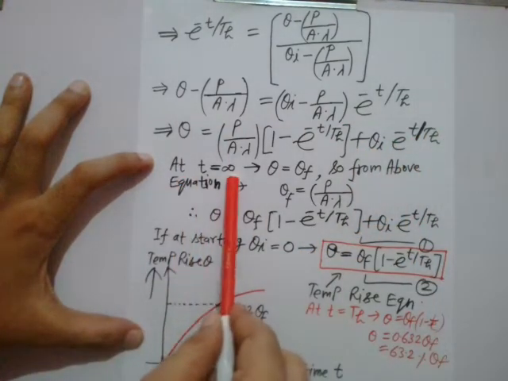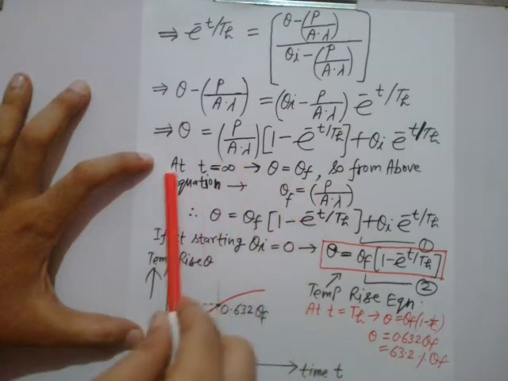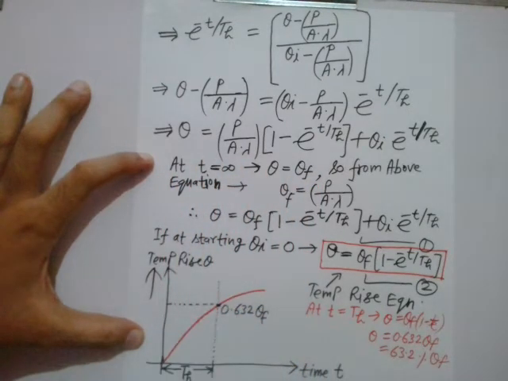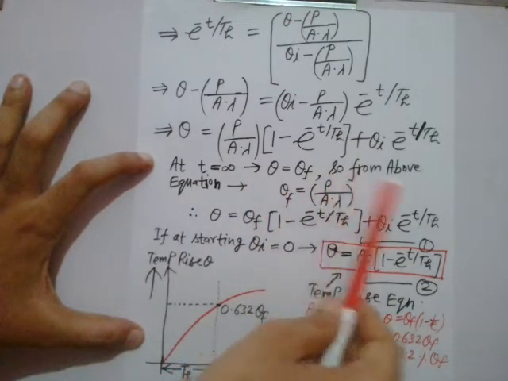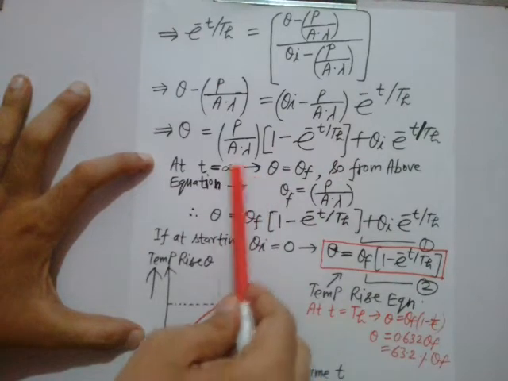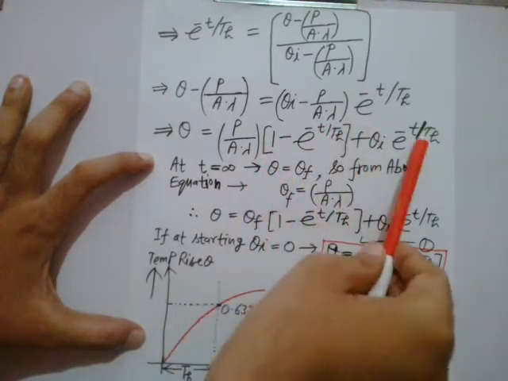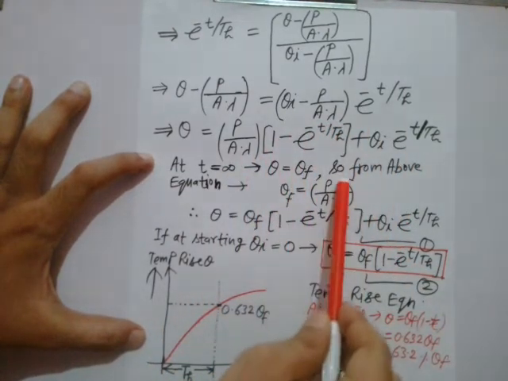So at t is equal to infinity, theta is equal to theta f. See, at t is equal to infinity, the final rise in temperature, let us say it is theta f, theta final, right? So from the above equation, when you put t is equal to infinity, you will get theta f is equal to p by a lambda, right?